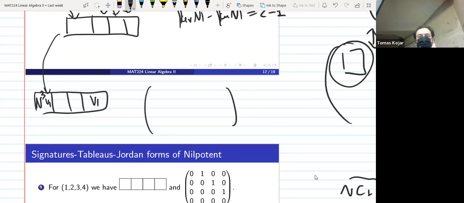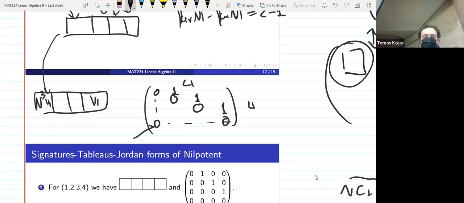You have 4 elements, so it will be 4 by 4. Okay. And you have your 0 column, 0 row, and then 1, 2, and then this guy, and that guy. And if you want, I can tell you how you find this.